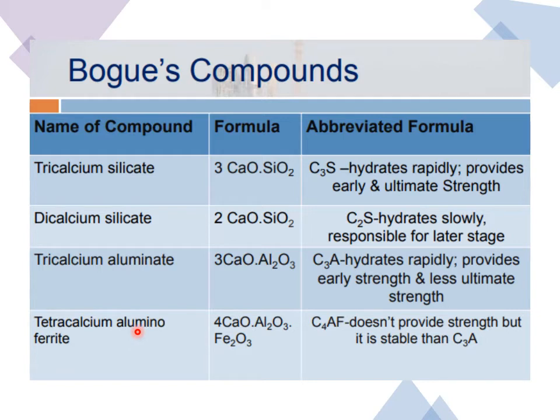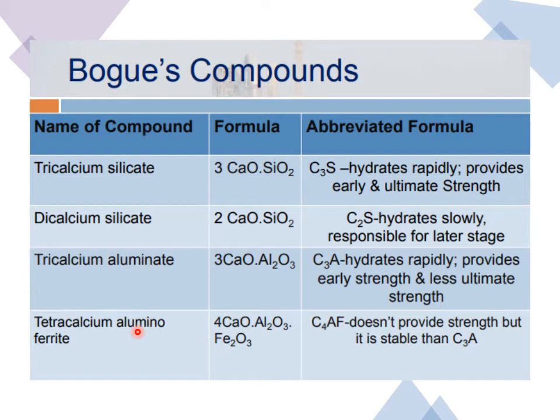If you're doing research on cement or any replacement for cement, one should know the different Bogue's compounds, their properties, and which compound is produced first and at which stage. One should compulsorily have that knowledge. Tricalcium silicate, abbreviated C3S, hydrates rapidly and provides the early strength and the ultimate strength as well.